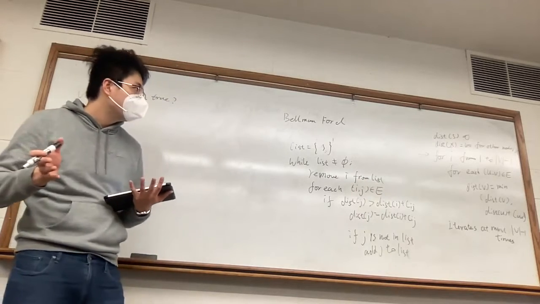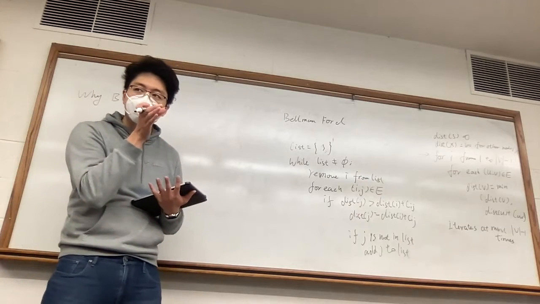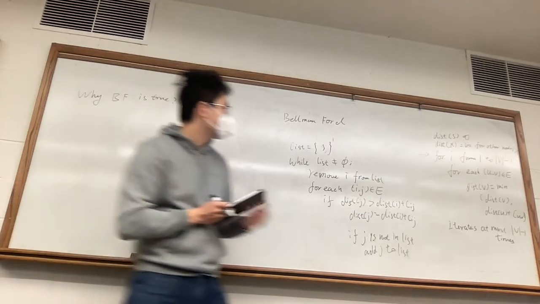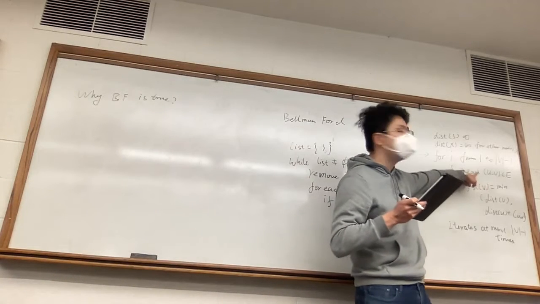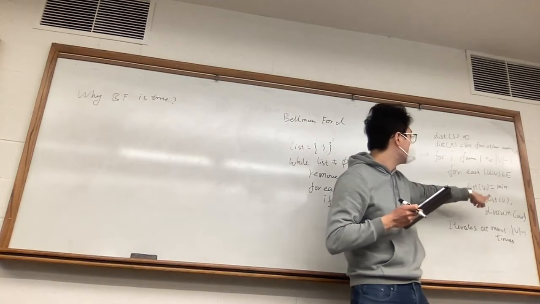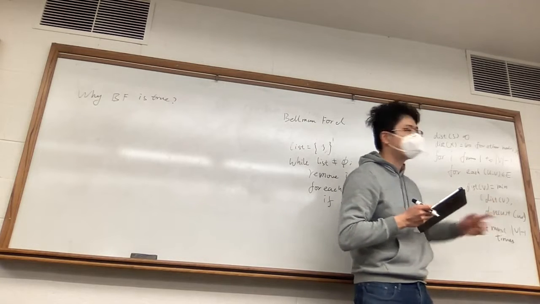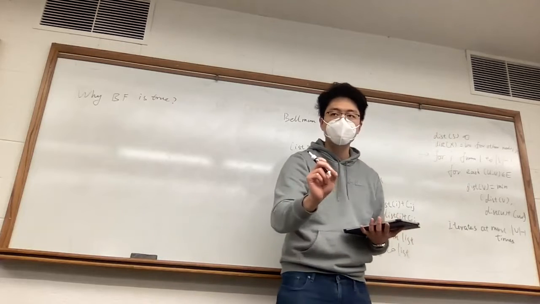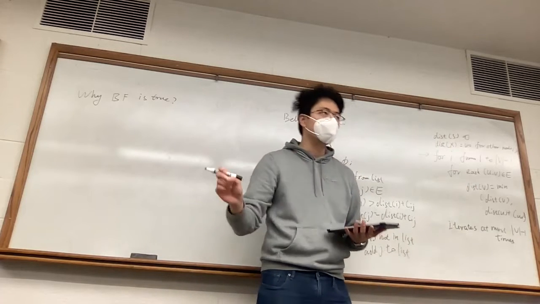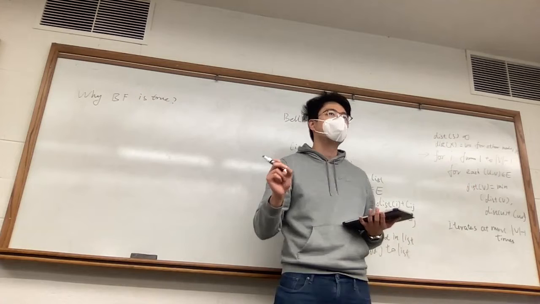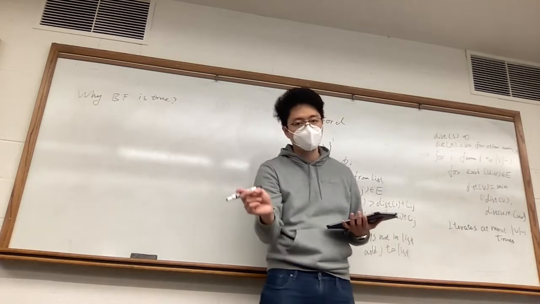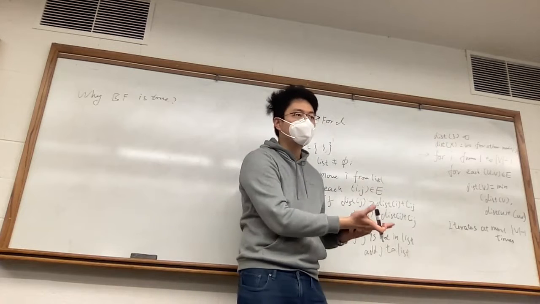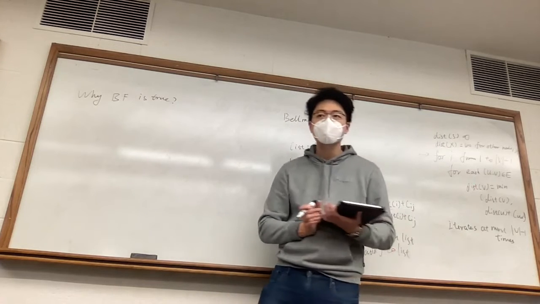And each time, we check every arc in the arc set and try to update the distance: for each uv in E, dist v equals the minimum of dist v or dist u plus cuv. That's to say, if you can go from the source via some path to u, and then from u to v, and this distance is shorter than your previous distance to v through another path, then you update. So why does this make sense?